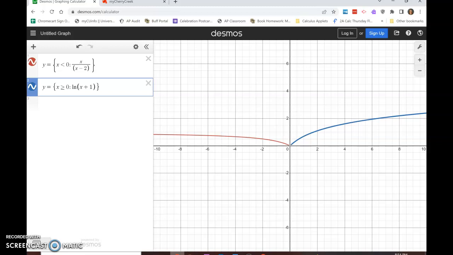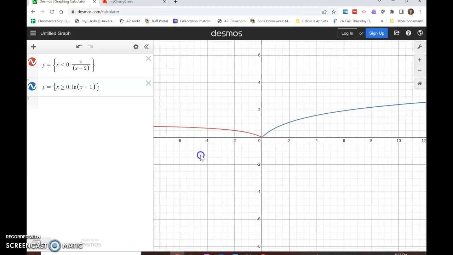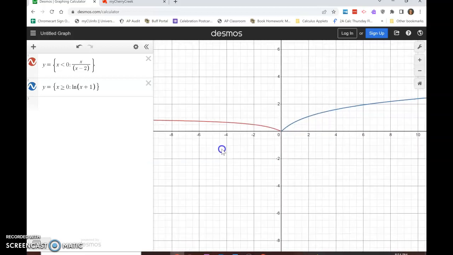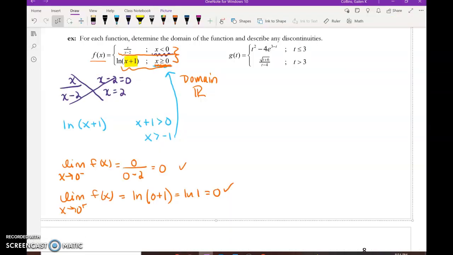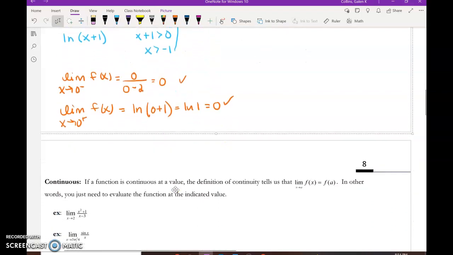And then the right-hand side in blue is the natural log of x plus 1. As we can see, this function exists for all of those values. You can play around with it, but we should know from Algebra 2, or remember a little bit, what that end behavior is going to look like there. So all that to say, sometimes it helps to see that representation.